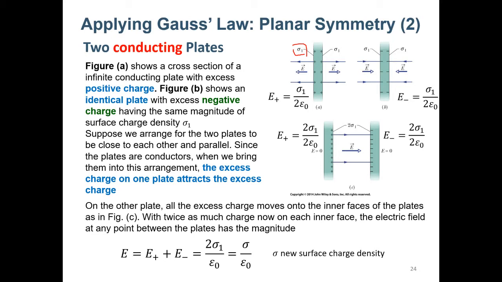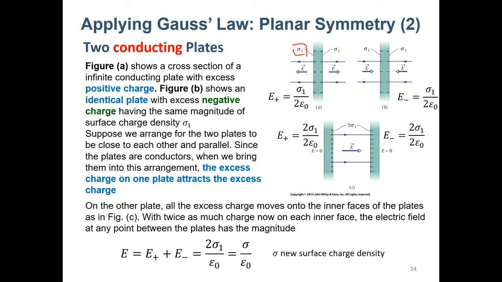And then you consider the negative charge plate and ignore this one. So you will have negative charge here, and the E field should have the same magnitude, but the direction is reversed. For the positive plate, the E field on the left points to the left, the E field on the right points to the right.